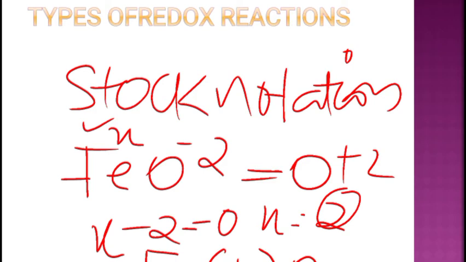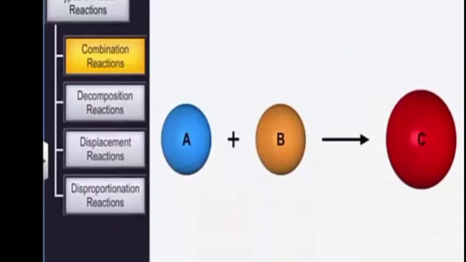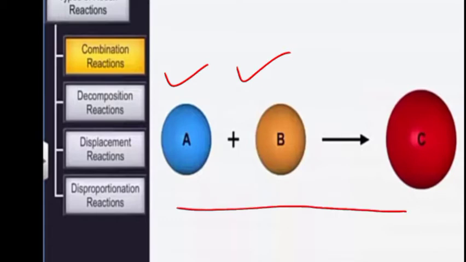So, types of redox reactions. First, we'll see what the types of reaction are. First one is combination reaction. What do you mean by combination? Combination, combining, isn't it? So, a combination reaction is a reaction when two reactants are combined together to give the product.